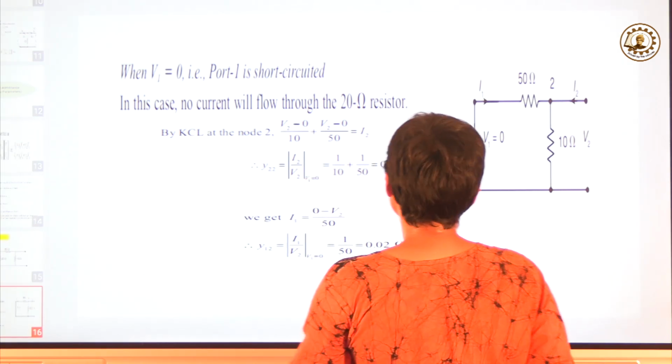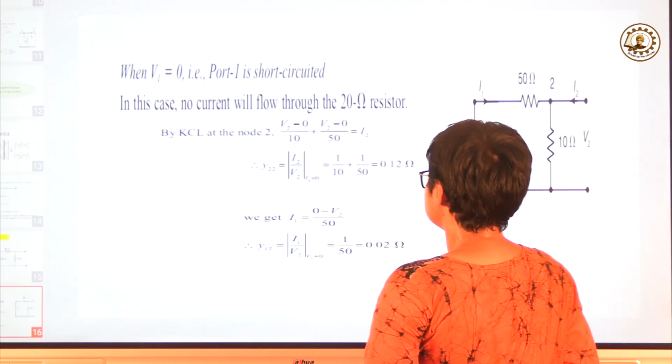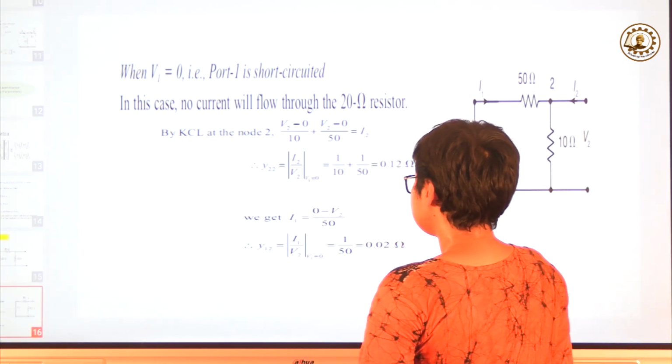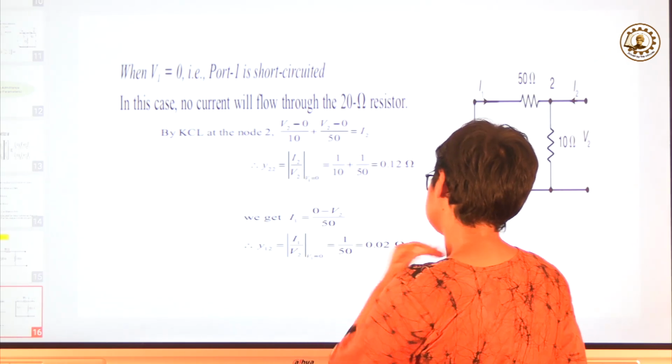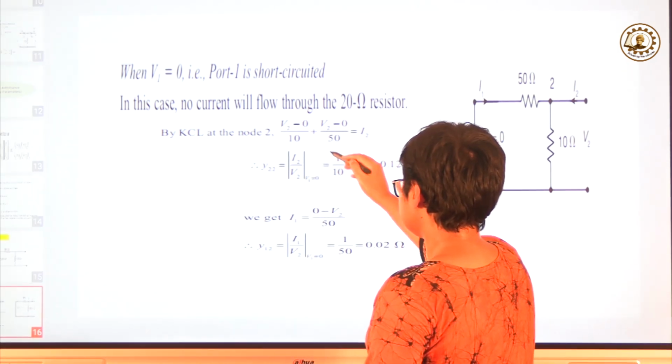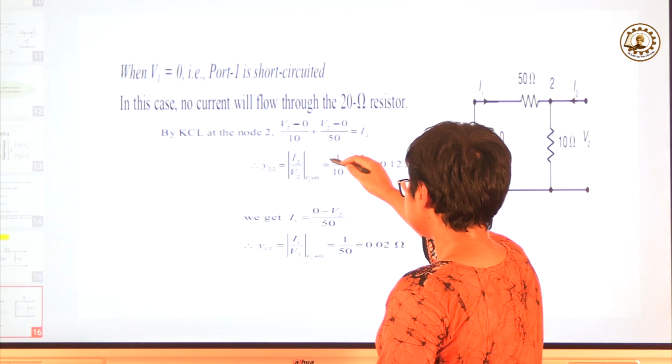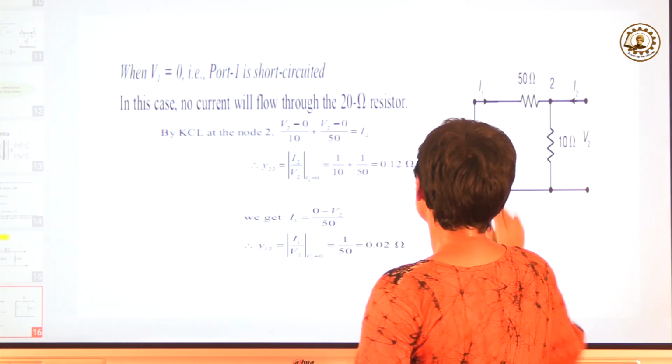Now we will apply KCL to get our required Y22 and Y12, which will be found by making V1 equals to 0.